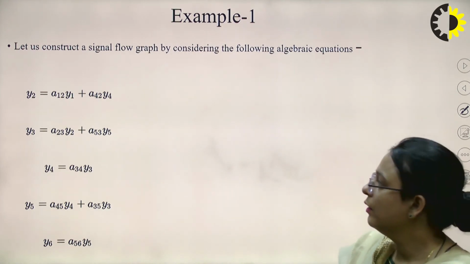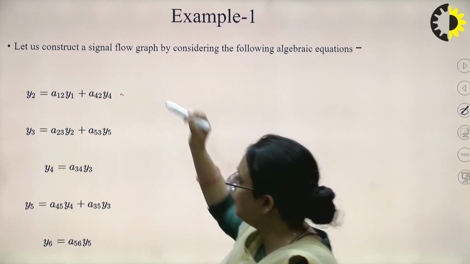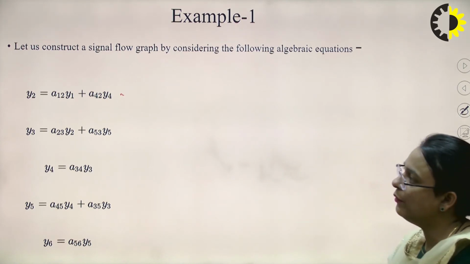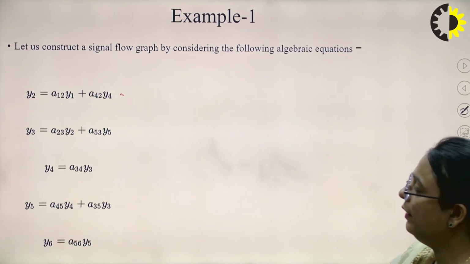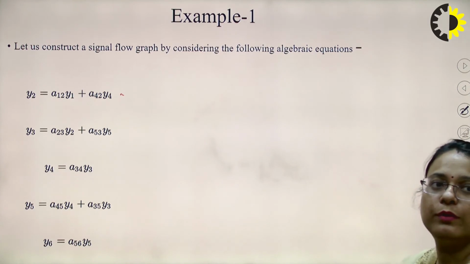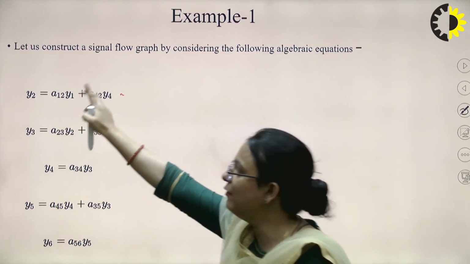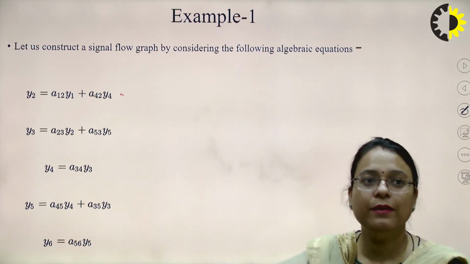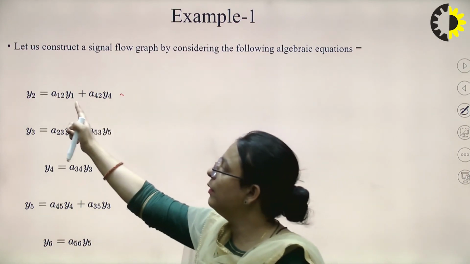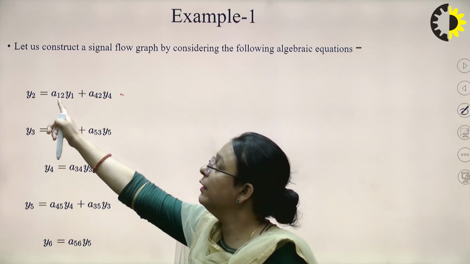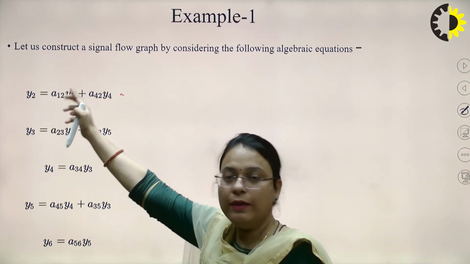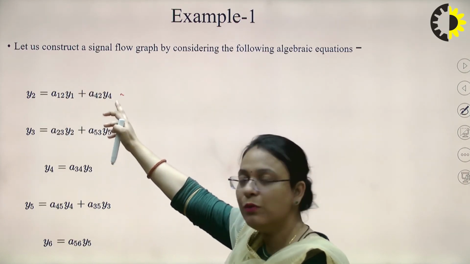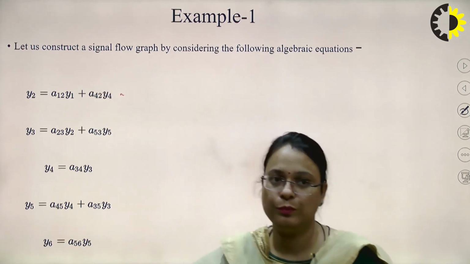One of the equations given to us is y2 equals a12 into y1 plus a42 into y4. That means y2 has two nodes incoming towards it. The first one has variable y1 with a12, and another one has variable y4 with a42.